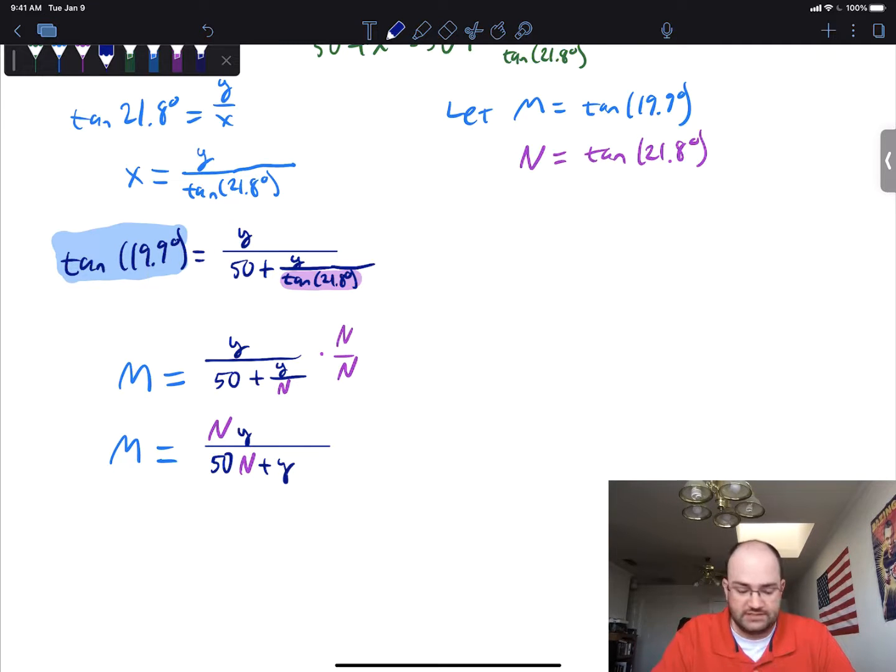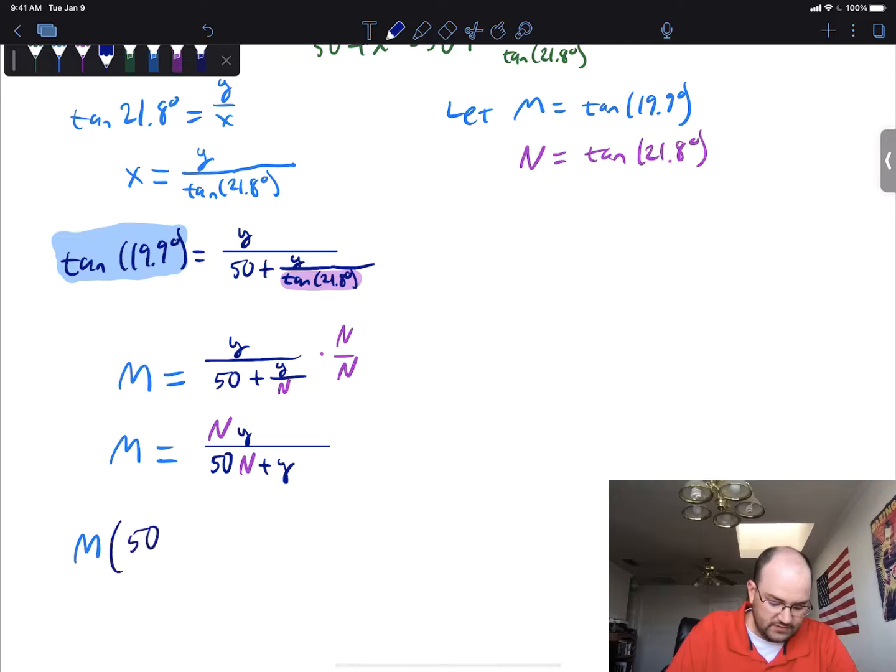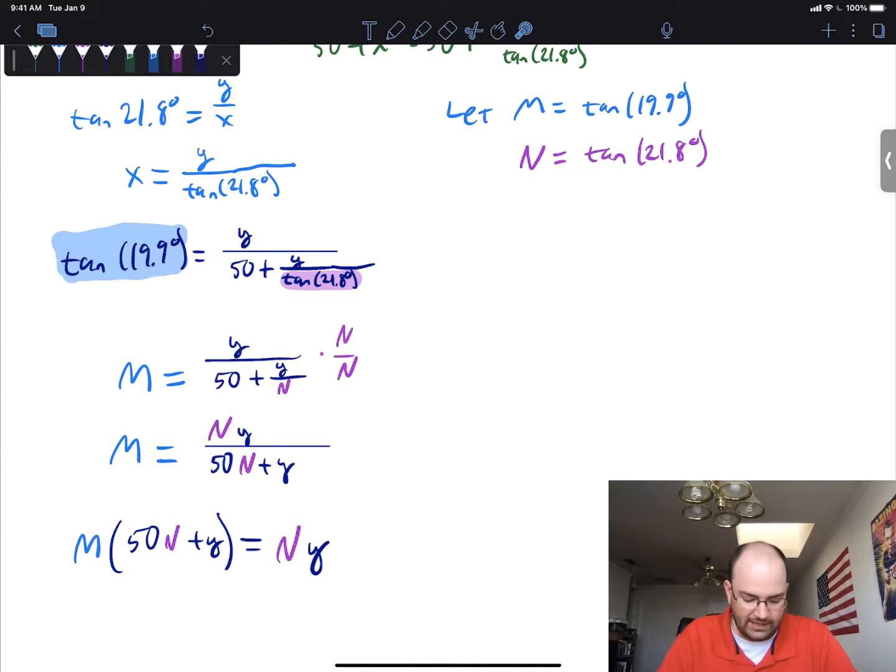Now, to get rid of this denominator here, I need to multiply both sides of the equation by the 50N plus y. So now we're going to have M times the 50N plus y equals Ny. Now, the reason I'm doing this in the first place is remember, we want to solve for y.